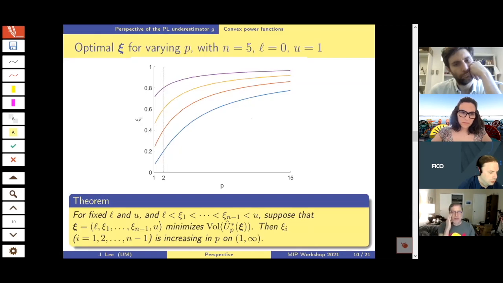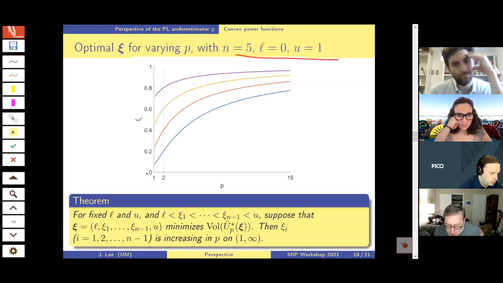It's helpful to get some understanding about how the optimal breakpoints vary for different p. I just said when p is 2, we have equally spaced breakpoints. What this picture shows is the interval. I just did an example from L = 0 to U = 1. So there's 0 and 1. And if you look at the power 2, you see here are the optimal breakpoints.